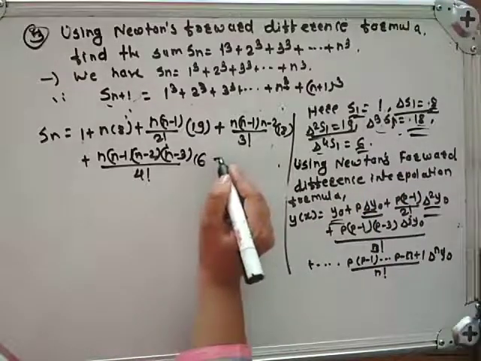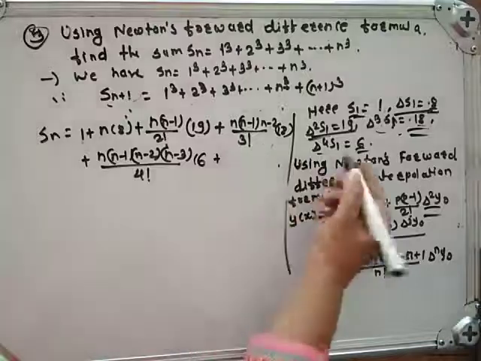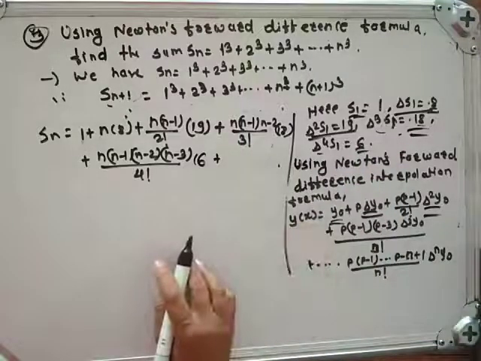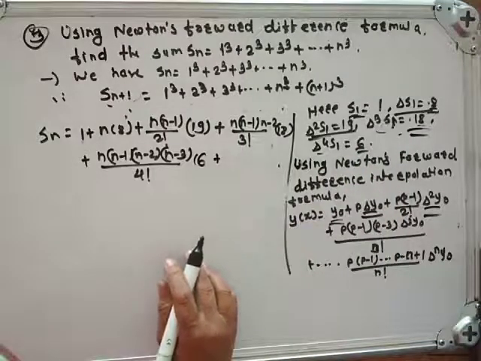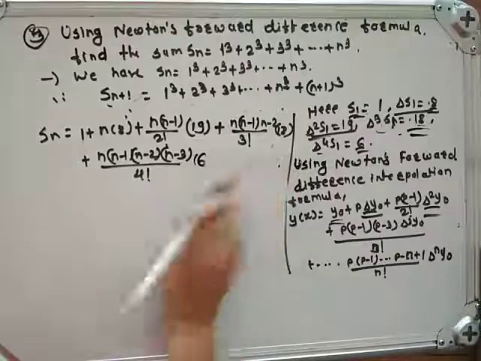Obviously the next term will be 0 because delta raised to 5 S1 is equal to 0, so no need to write it down.